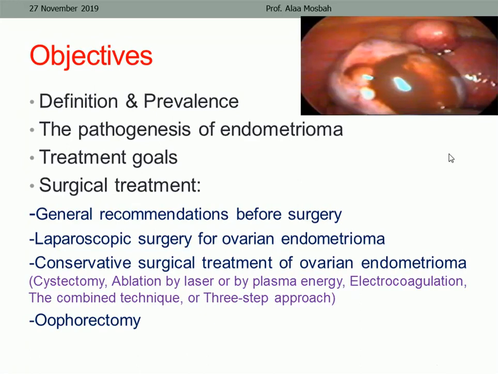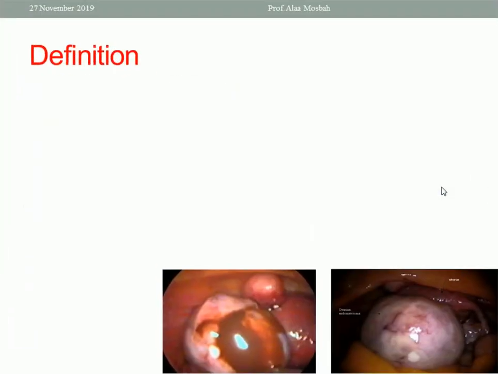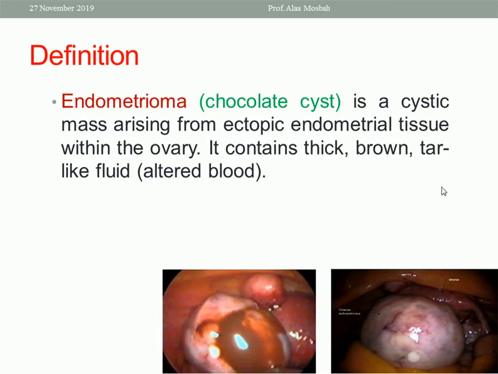So, our target today: how to manage ovarian endometrioma or chocolate cyst, guided by the recommendation of the European Society of Human Reproduction and European Society of Gynecologic Endoscopy and World Endometriosis Society in 2017. So let us go to see our lecture.